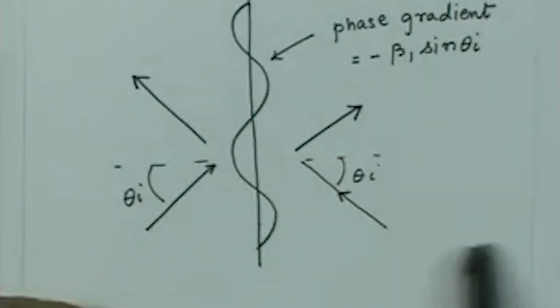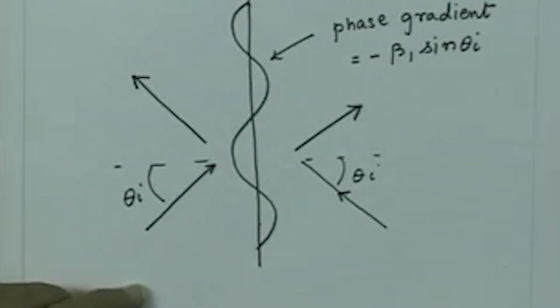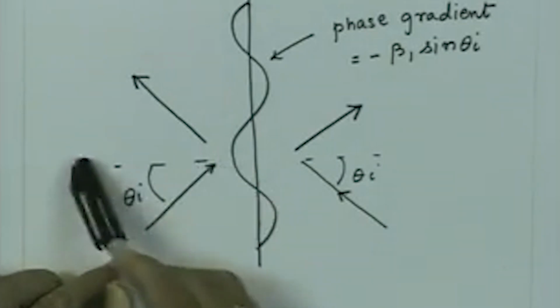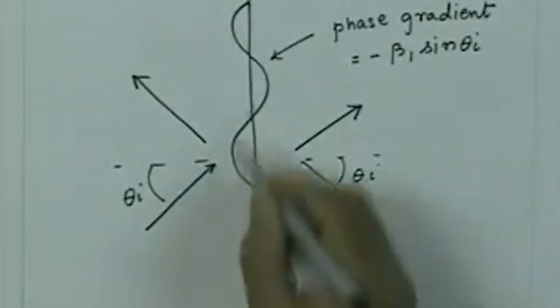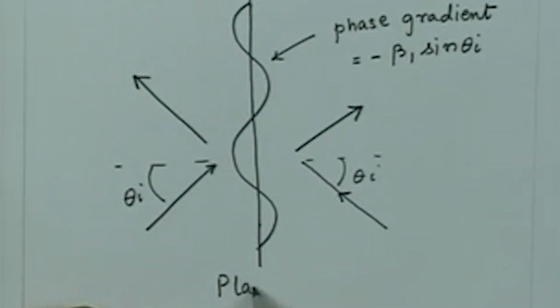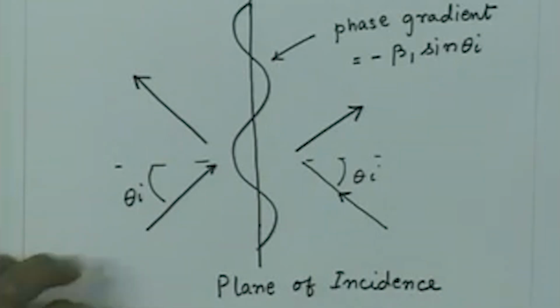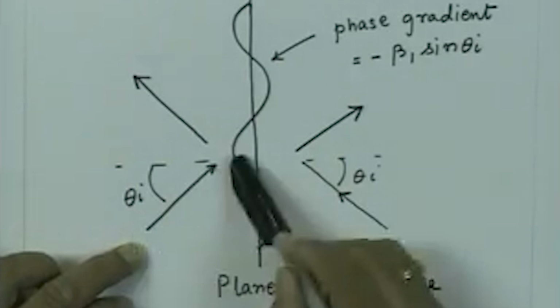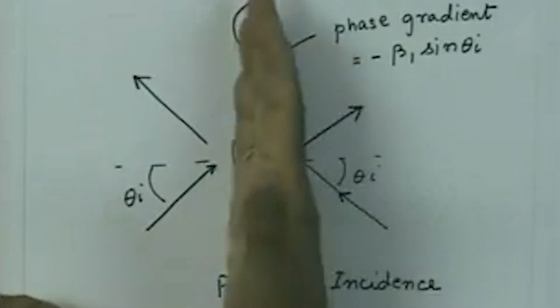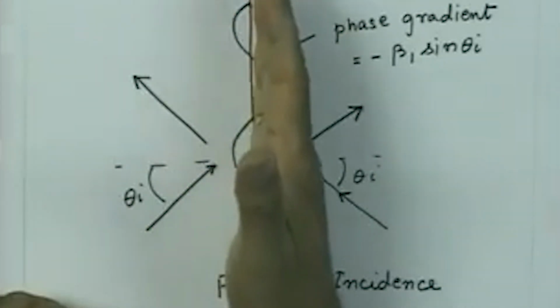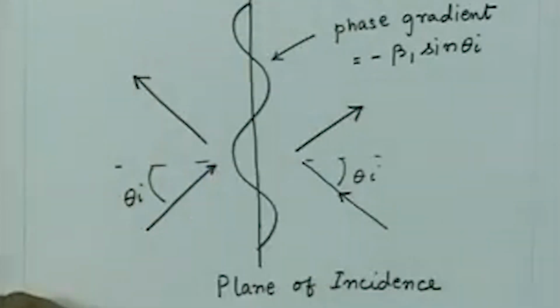So, if we define the plane of the paper as what is called the plane of incidence, which is the plane that contains the wave vector and the normal, that is the plane of the paper, we say this is the plane of incidence. So, the wave vector for the incident wave lies in the plane of incidence, and this plane of incidence is perpendicular to the direction in which the amplitude is remaining constant, which is the y direction.